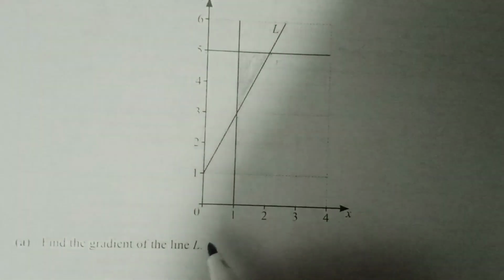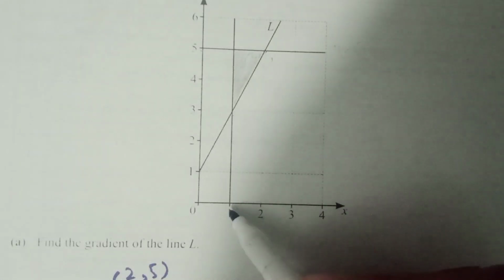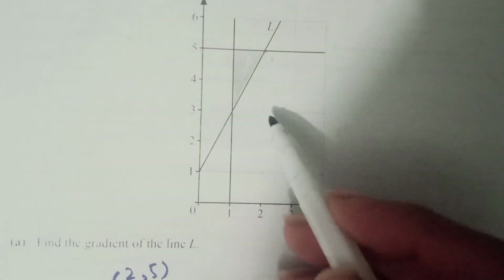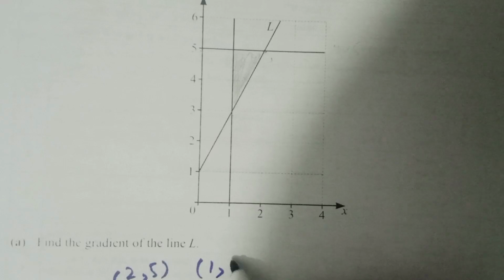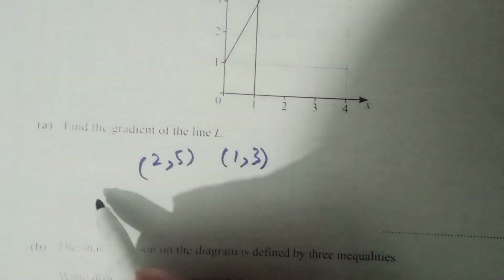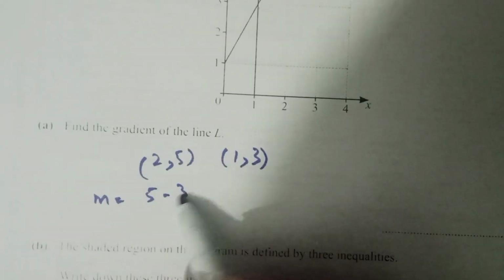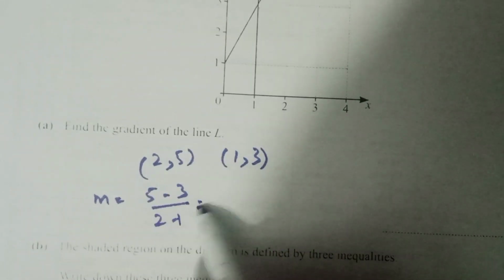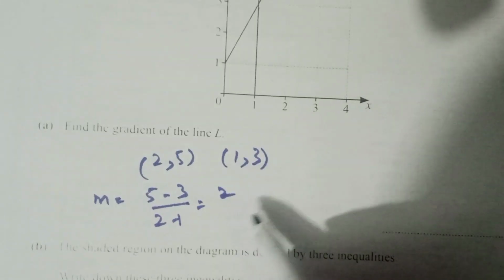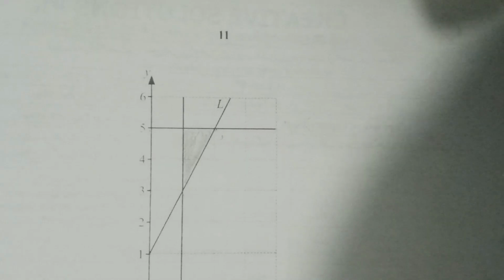Now I take another point, which is 1 and 3. And to find the gradient, y2 minus y1, 5 minus 3, over x2 minus x1, I get 2. The gradient of this line L is 2.